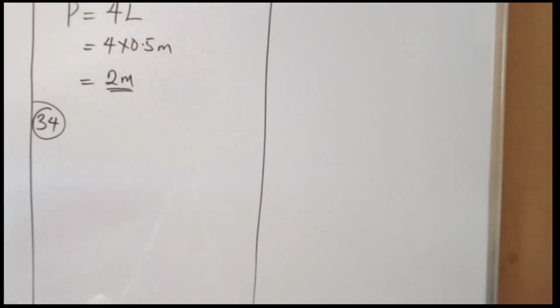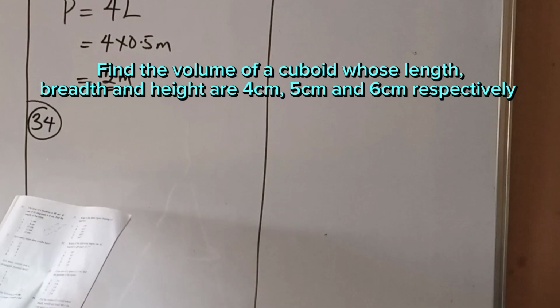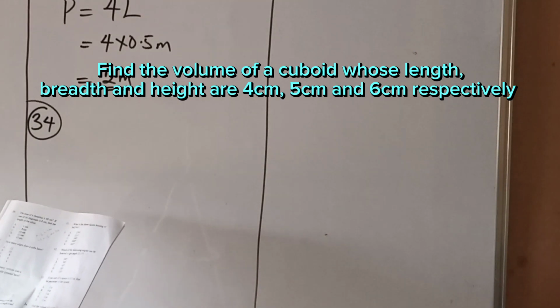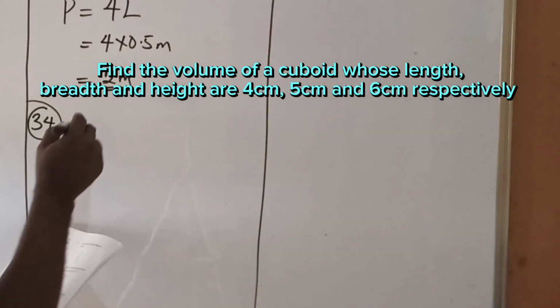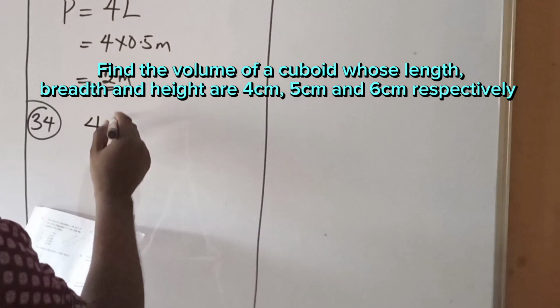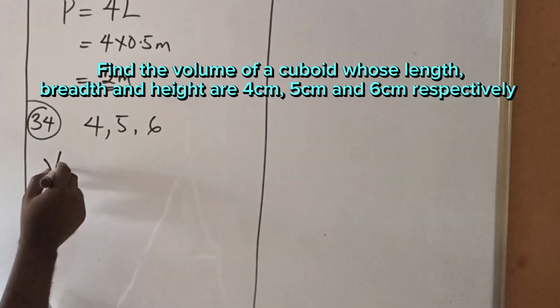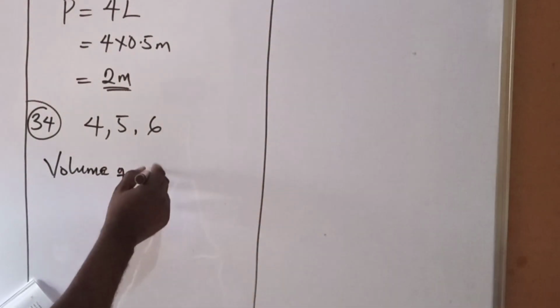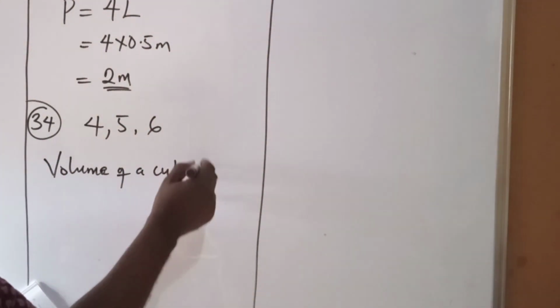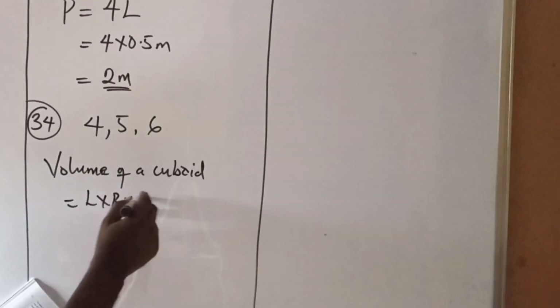34. Find the volume of a cuboid whose length, breadth, and height are 4 centimeters, 5 centimeters, and 6 centimeters respectively. So volume of a cuboid is length times breadth times the height.